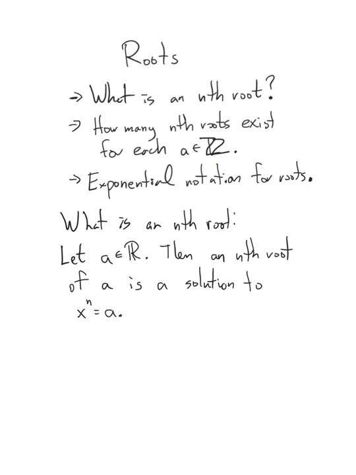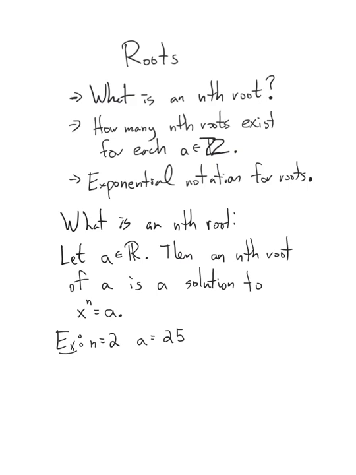So let's see a couple of examples, and you'll see why I said an nth root and not the nth root. Let's let n equal 2, so we're talking about square roots, and let's say a is, I don't know, 25.